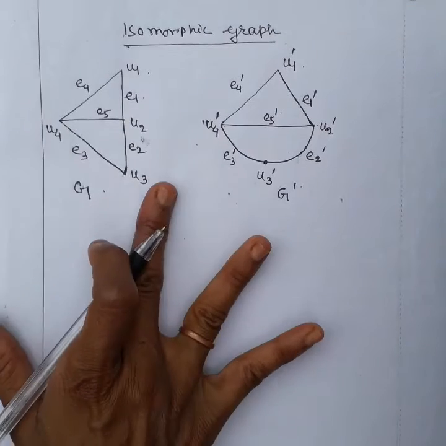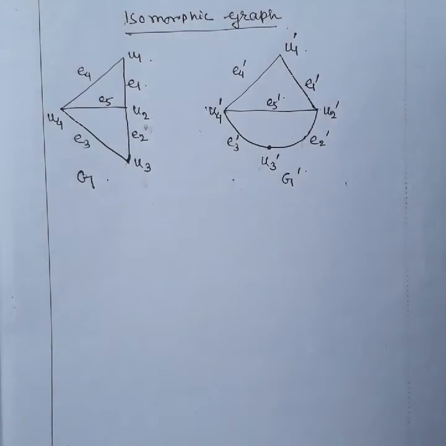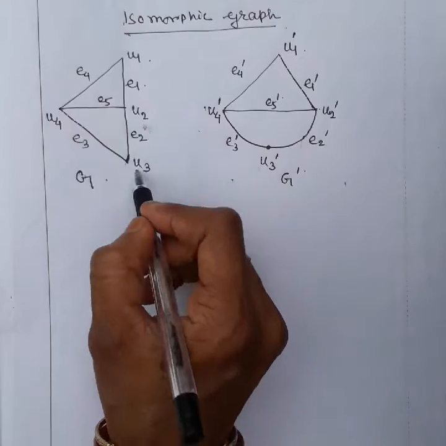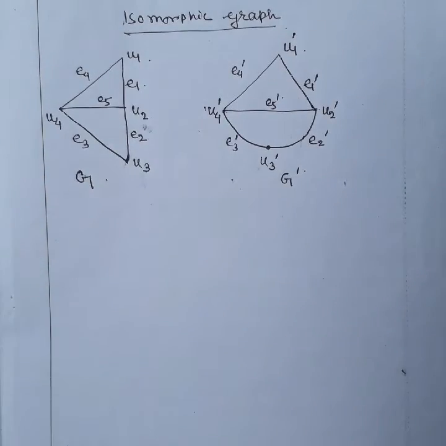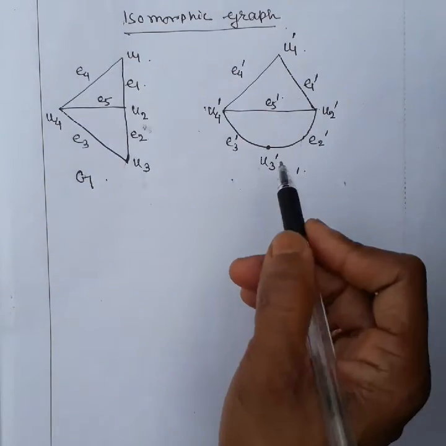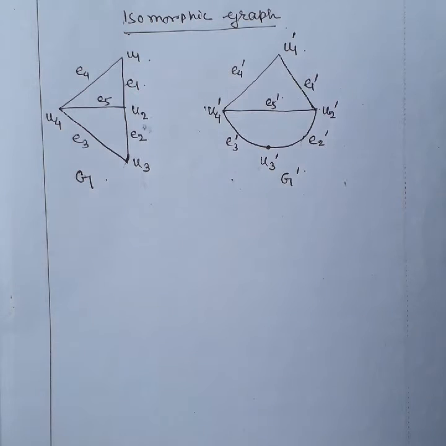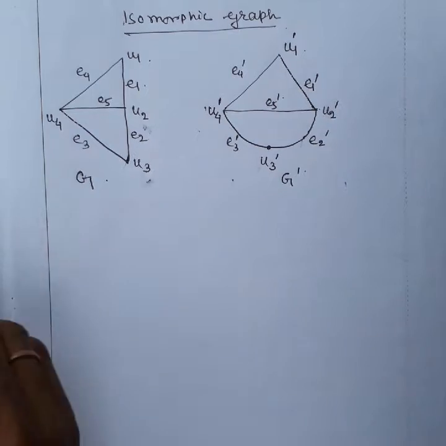We check it. Okay. So in the first graph G, there are four vertices U1, U2, U3 and U4, and in our second graph G dashed, there are also four vertices, that is U1 dashed, U2 dashed, U3 dashed and U4 dashed.